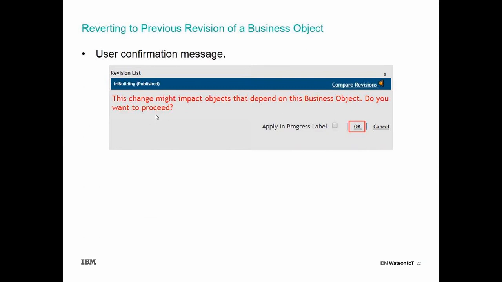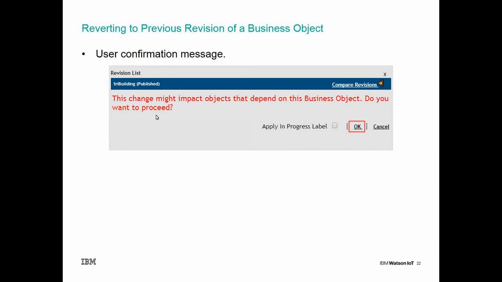There are a few differences with the business object reversion user confirmation message. If there are no business object fields being removed by the reversion process, the message and functionality will be the same as the user confirmation for the other objects.